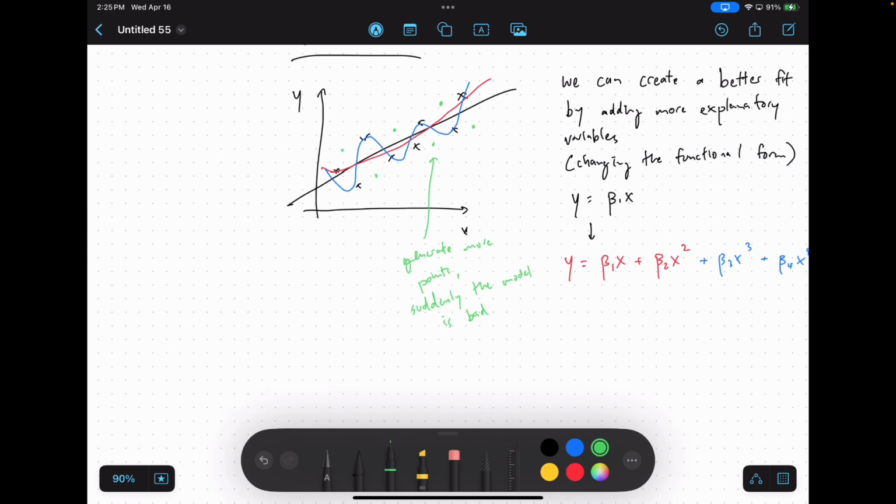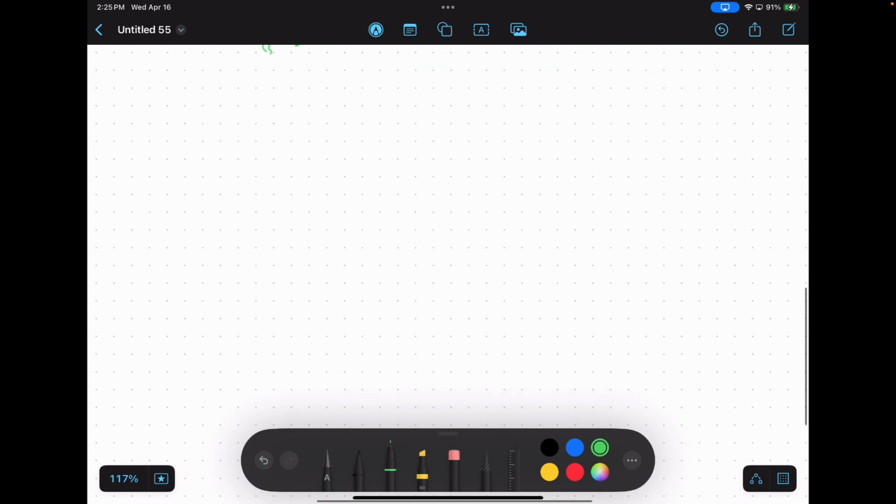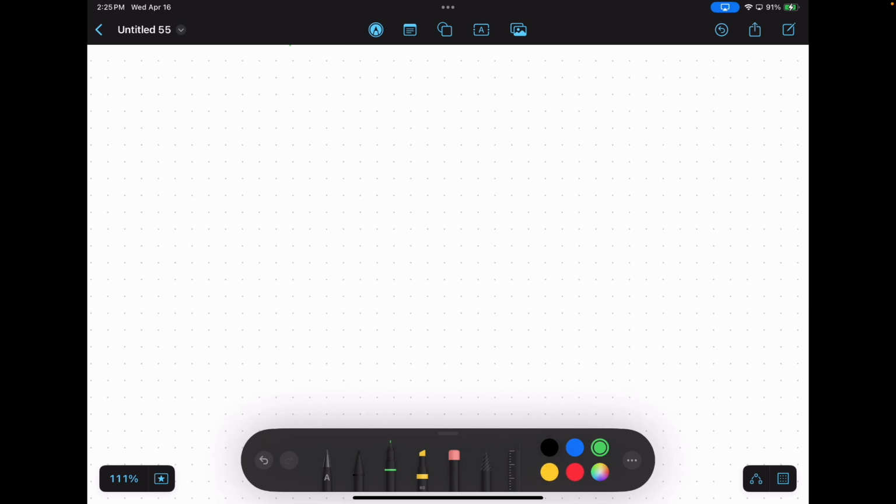So that leads us to talking about this trade-off. And so formally, we call this a bias variance trade-off. So what is bias and what is variance?